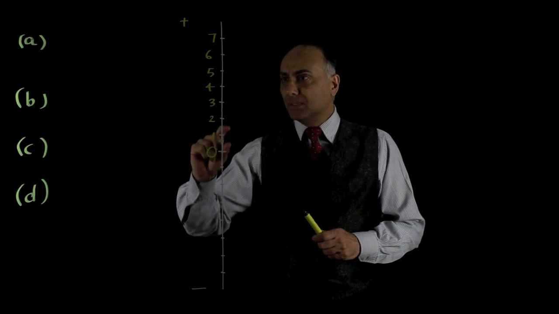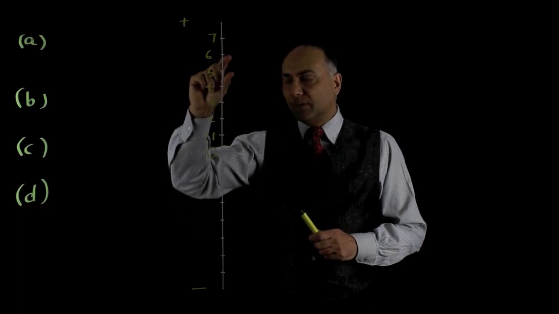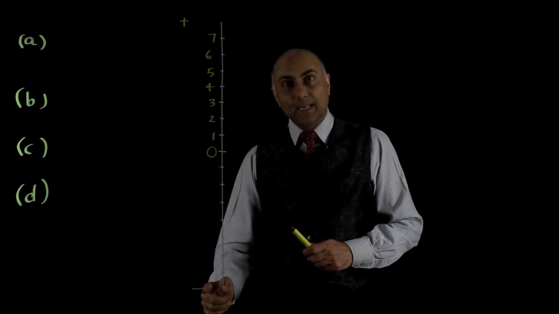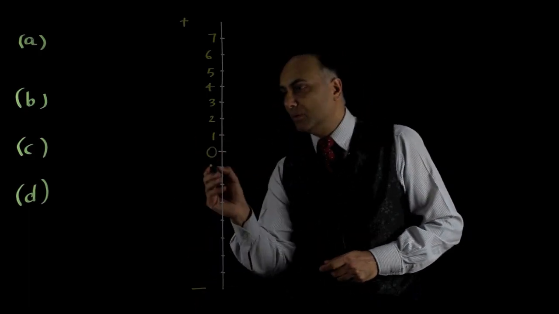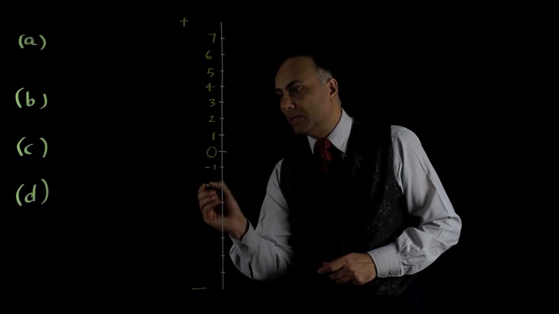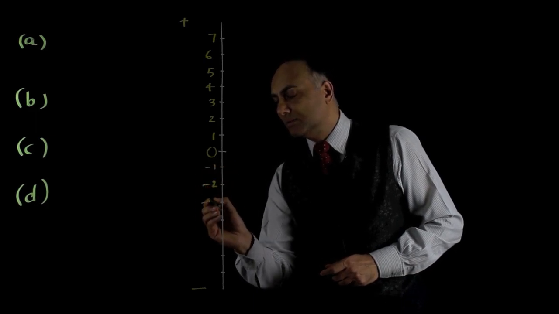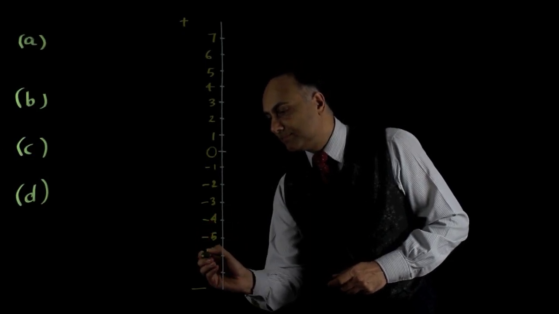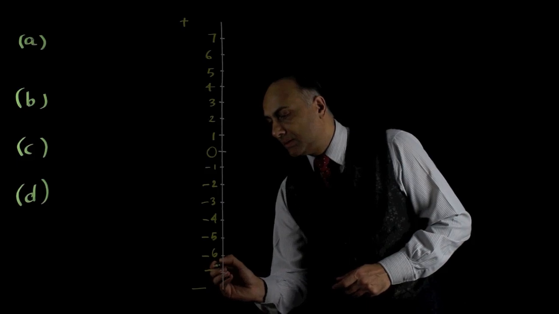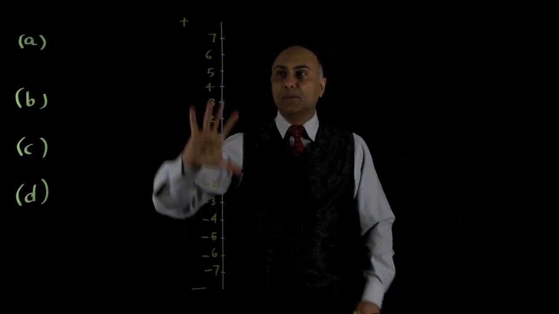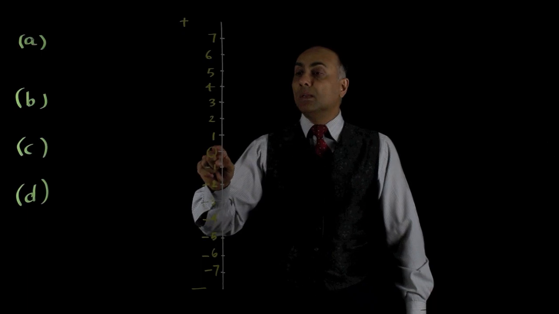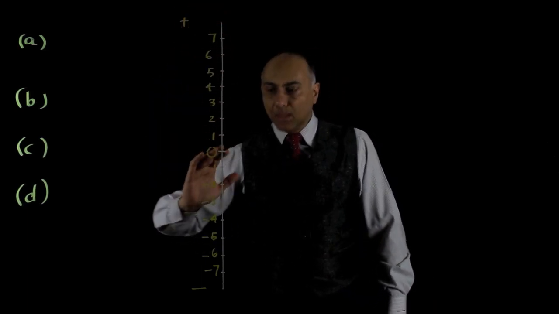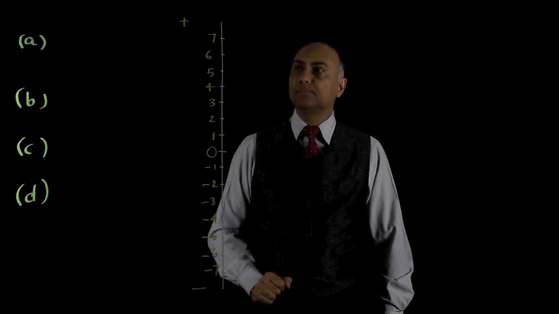And notice that the numbers are equally spaced, and whatever the spacing is, the same spacing must continue on the negative side of 0. So this would then be -1, -2, -3, etc. So I have the middle piece of the number line. 0 separates the positive numbers from the negative numbers.